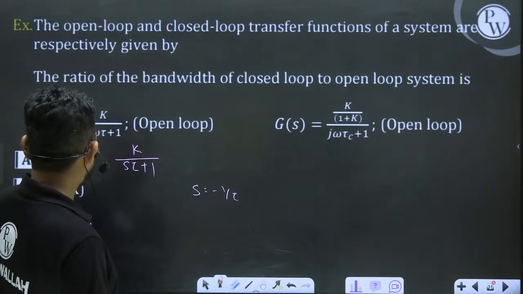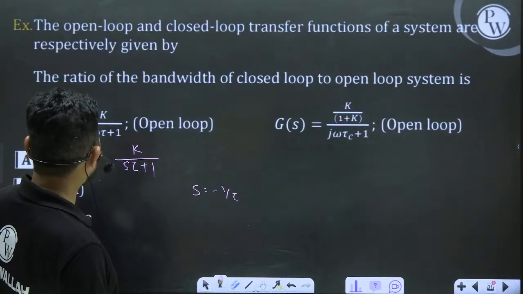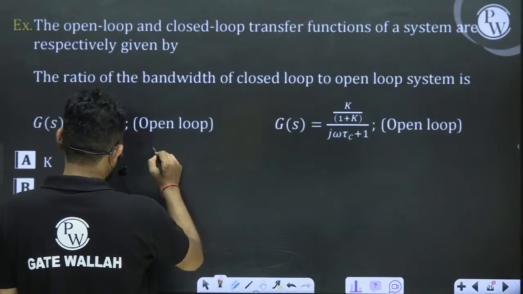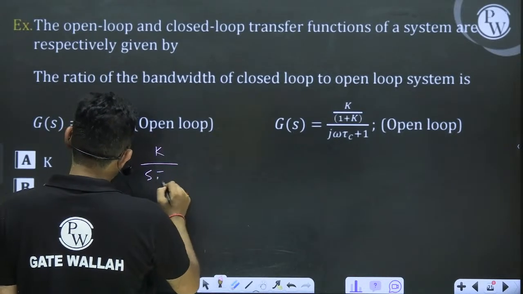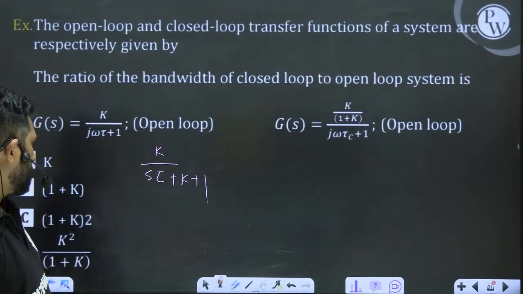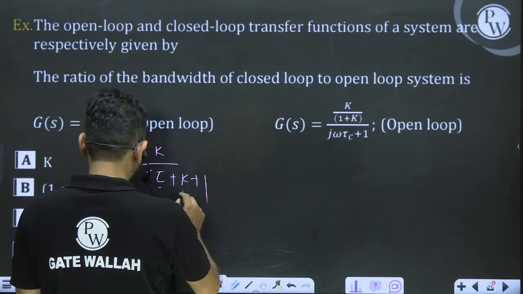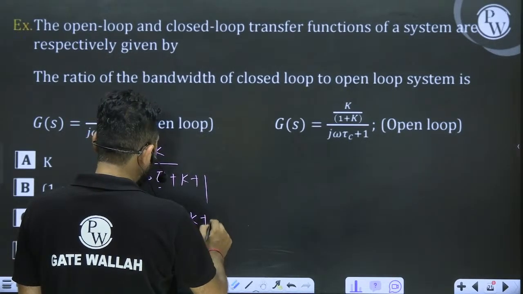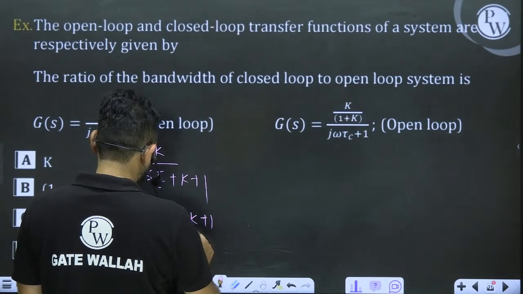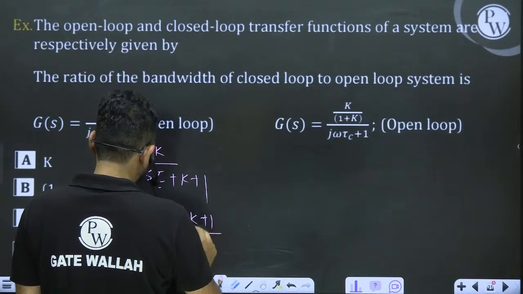Closed loop to open loop. Acha, closed loop is this: K by s tau plus k plus 1. This means that it is k plus 1 by tau.